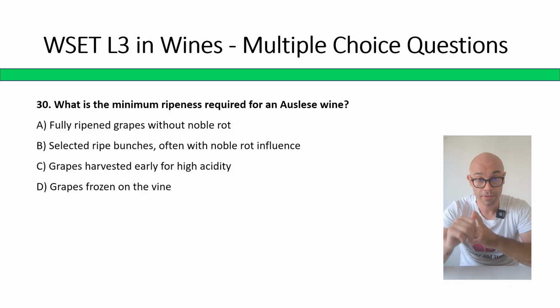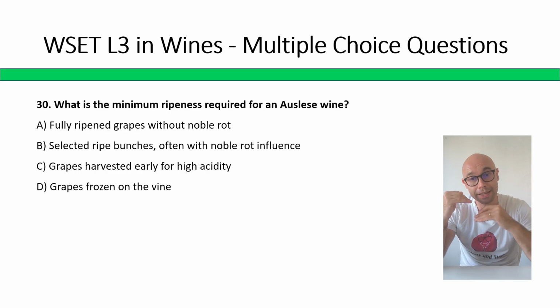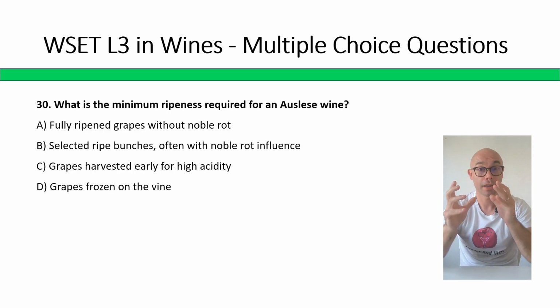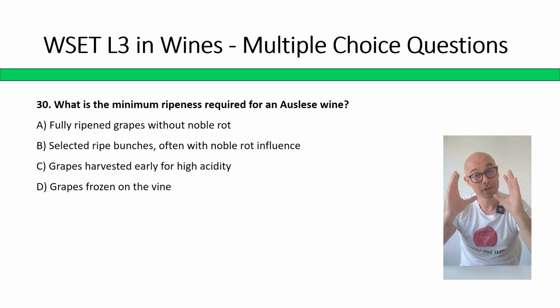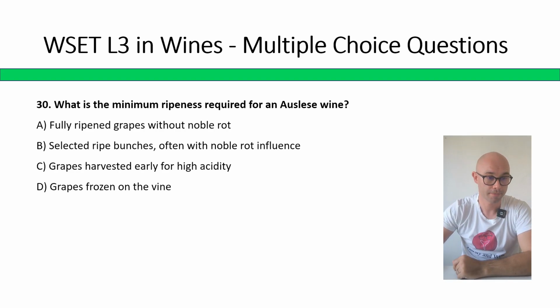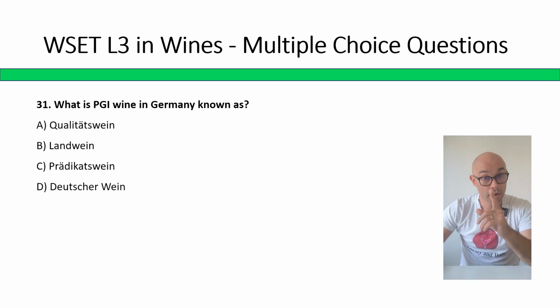Kabinett is the first predicate level, Spätlese is the second. Kabinett is less ripe than Spätlese, but Auslese is even riper than Spätlese, but it's not the whole bunches that they pick. It is selected bunches that are very ripe and can have noble rot influence. But the wines are still dry.